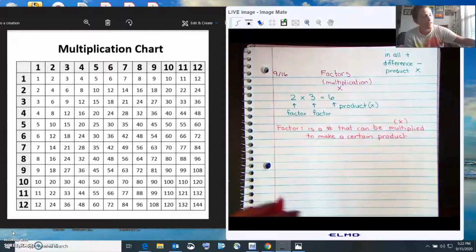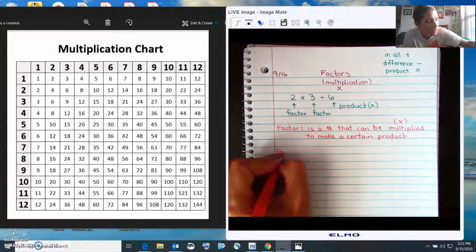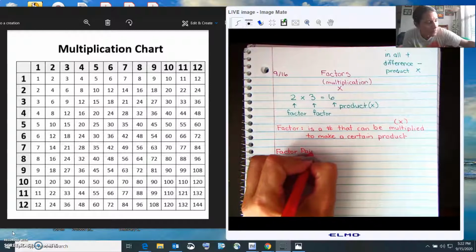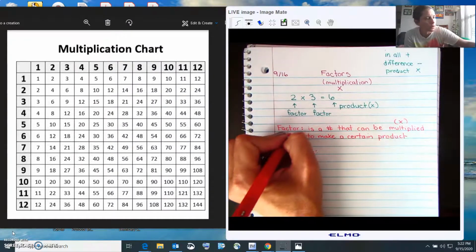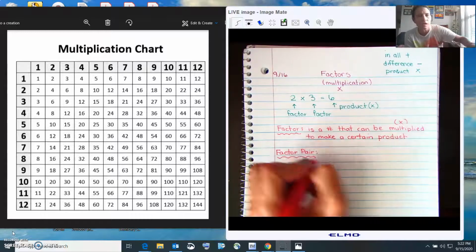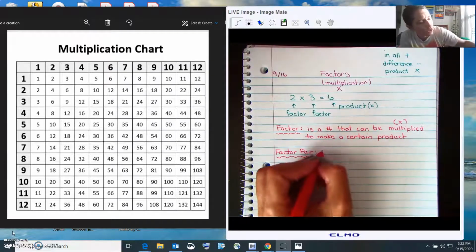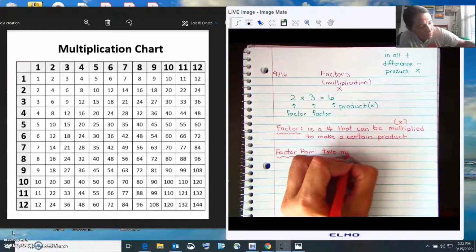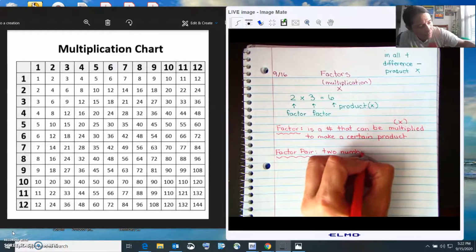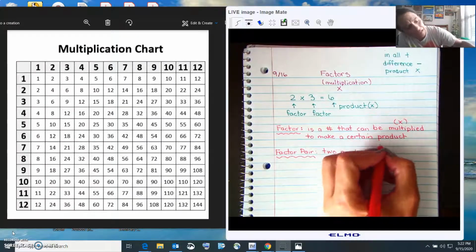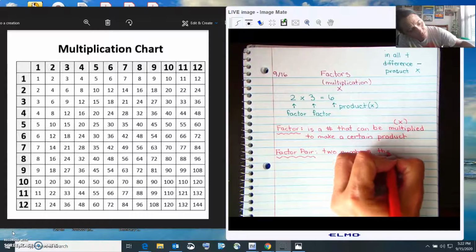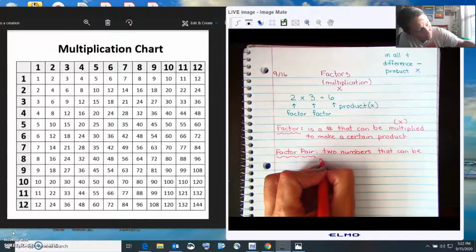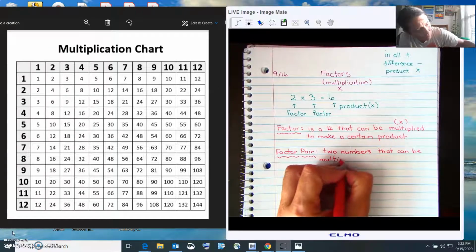All right, so then factor pair. You're going to hear that. I'm going to put a little line under here so we know that these are important words. So the factor pair is two numbers that can be multiplied together to make a certain product.